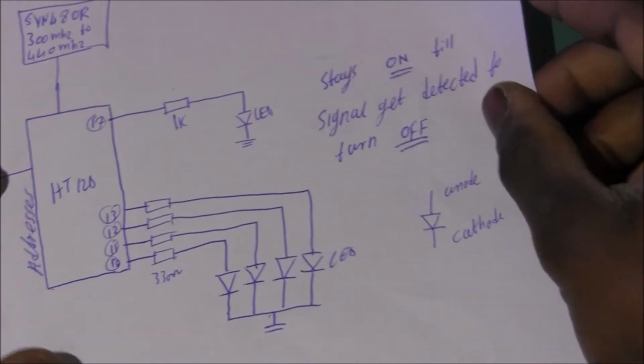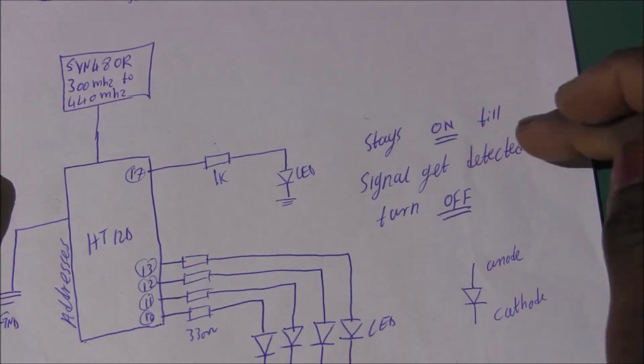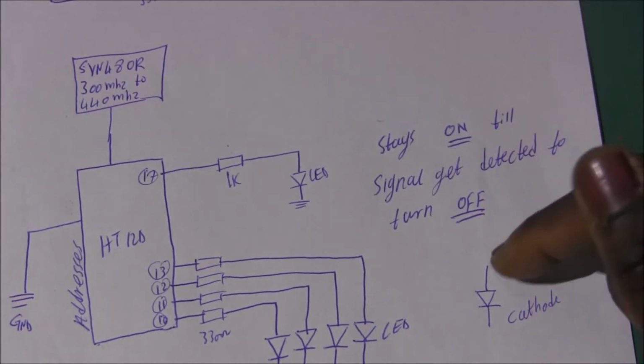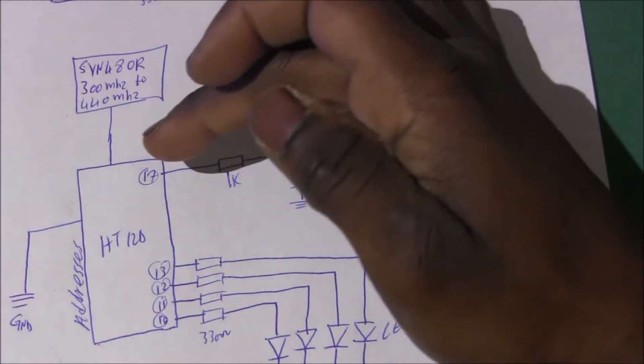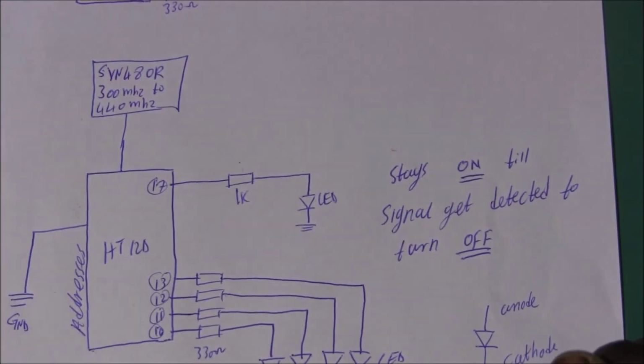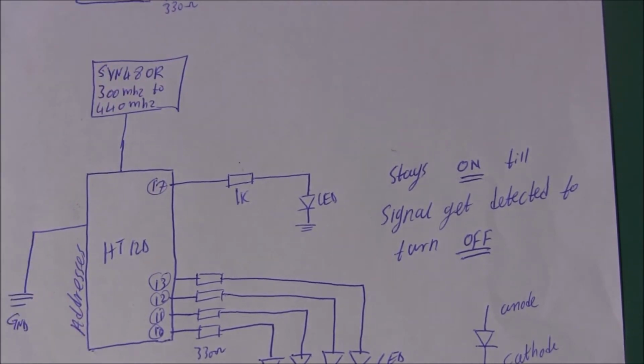The other one is different. The other one stays on until a signal gets detected to go off. So you can see the anode comes from the IC, going to the ground. So there's a difference, and we're gonna put up the same setup so you see why and what result we're getting here.